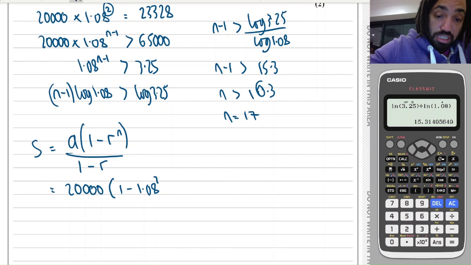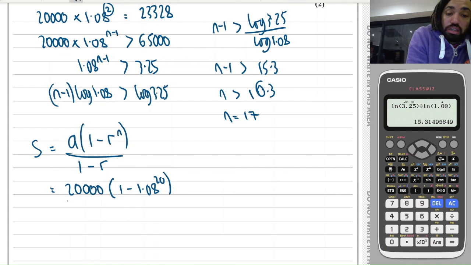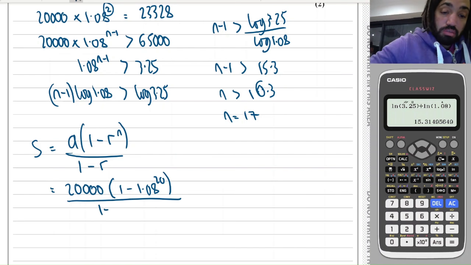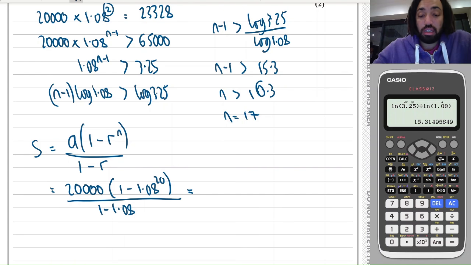And then we do 1 minus 1.08 because r is the geometric increase. And we're doing 20 years. And we're all over 1 minus 1.08. And let's type that into our calculator. 20,000, 1 minus 1.08 to the power of 20.